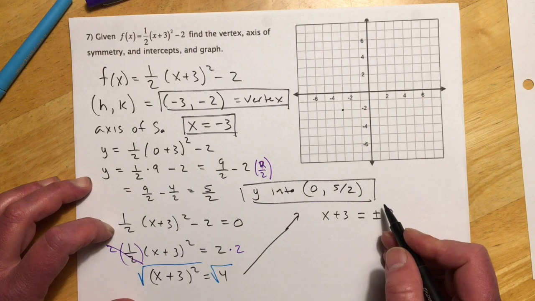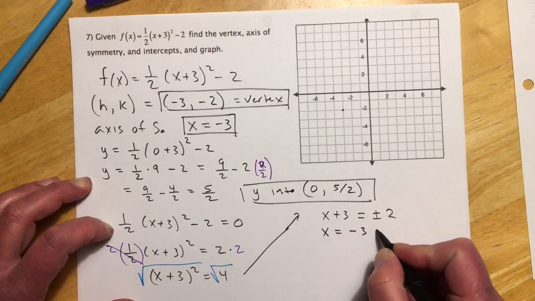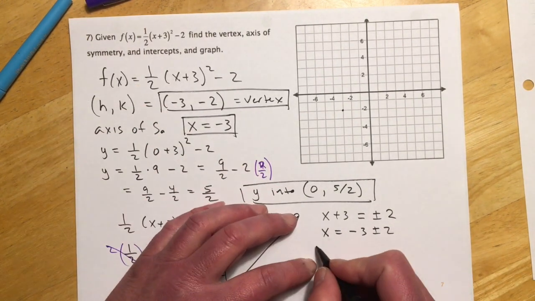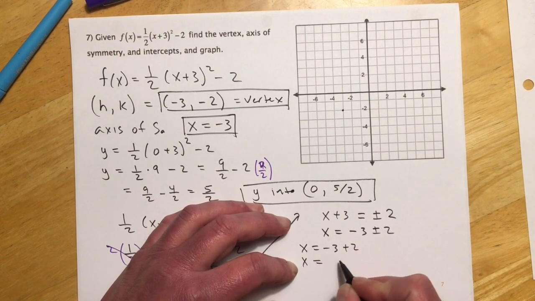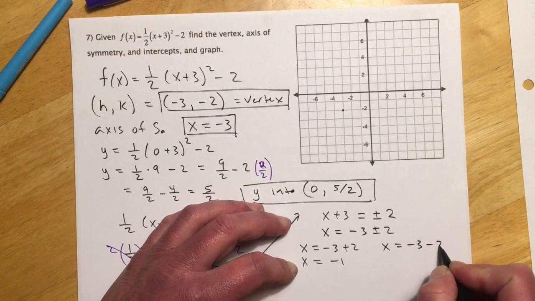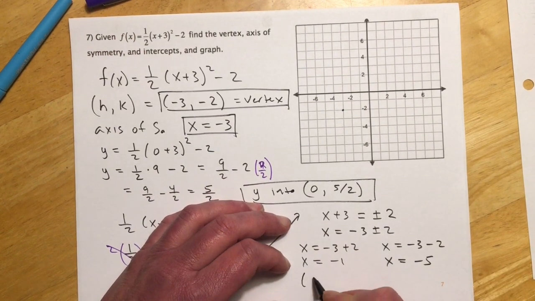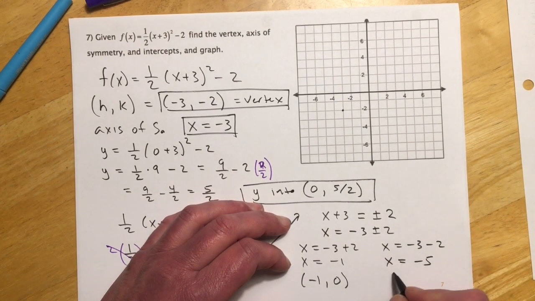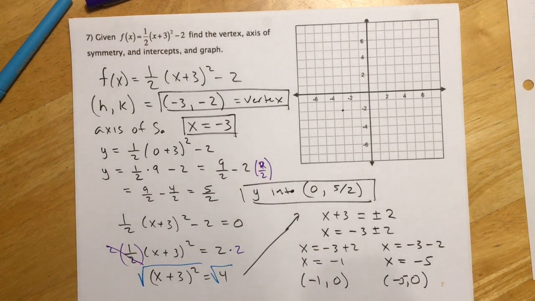It's a little bit tricky with the number that works. What that means is you have negative 3 plus or minus 2, and those are actual plain old numbers. So if I have x equals negative 3 plus 2, that's the same as x equals negative 1. And then x equals negative 3 minus 2, that's going to be x equals negative 5. So that's going to give me x-intercepts at negative 1, 0. So not negative 1, negative 5, these are both x's. And negative 5, 0.